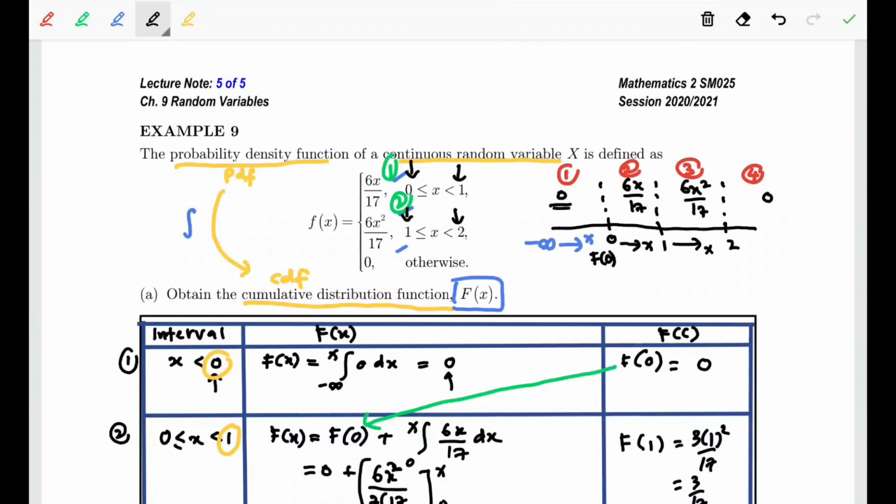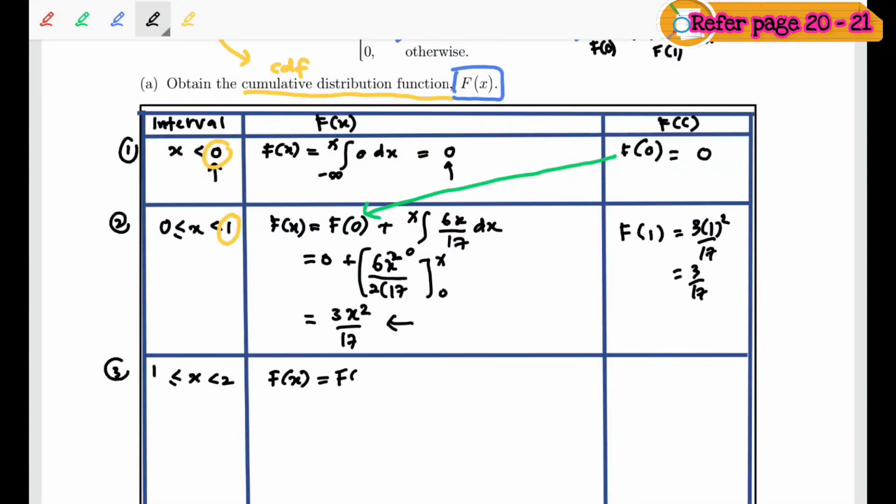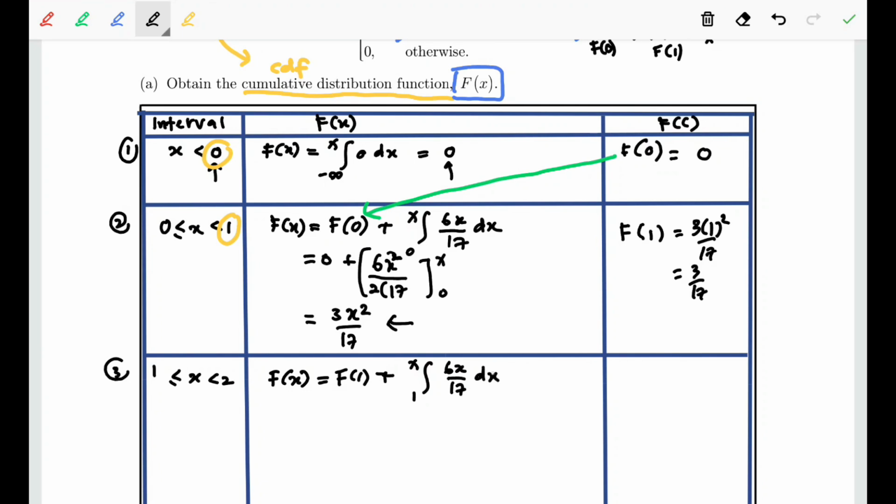But you have to remember that before entering this interval, we have accumulated from the beginning. The accumulation up to 1 is referring to F of 1. So we write it here: F of 1 plus the integral from 1 until x of the function 6x over 17 dx.